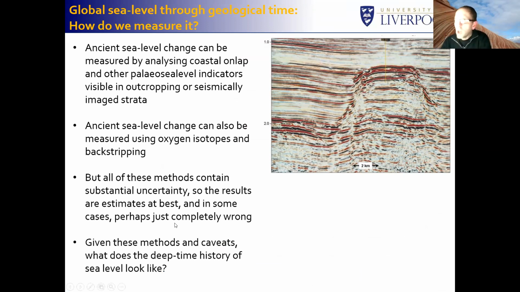Now, all of these methods contain substantial uncertainty because we're trying to reconstruct something that is a combination of several different effects, and that makes it a little bit complicated. Complicated basically means uncertain. So we have to be a little bit cautious with how we interpret some of the results of these reconstructions of deep time sea level history.